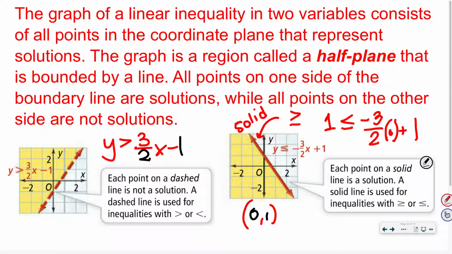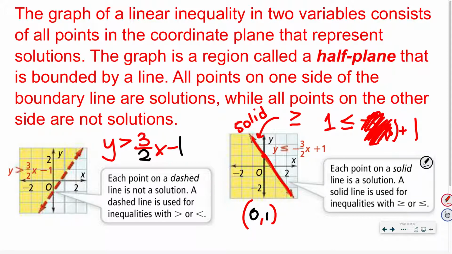If I calculate this out, negative 3/2 times 0 is 0. So this inequality would become 1 is less than or equal to 1. Is that true? Is 1 less than or equal to 1? Yes. Which means this coordinate that falls on the line is a solution for that inequality. Every coordinate on this line would be a solution.